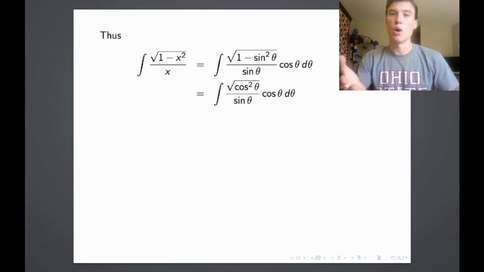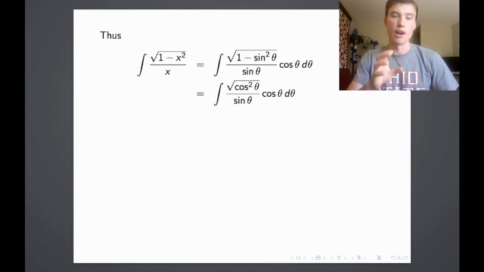So we know that x is between negative 1 and 1. As such, we can choose theta to be between negative pi over 2 and pi over 2. On this interval, cosine squared theta is positive.